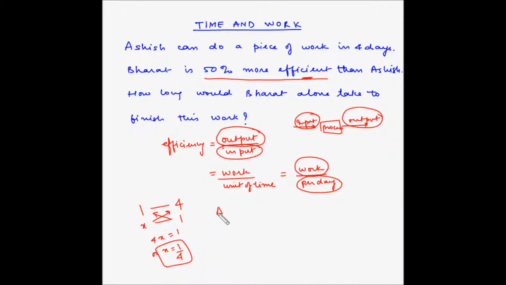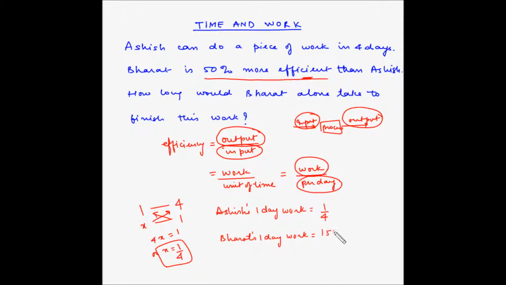So Ashish's 1 day work is equal to 1 by 4. And Bharat can do 50% more work than what Ashish can do. So Bharat's 1 day work is equal to, if this is 100, Bharat is doing 150 of this 100.